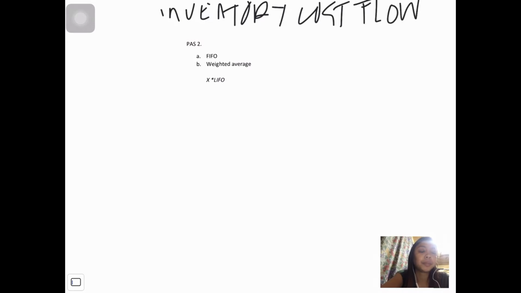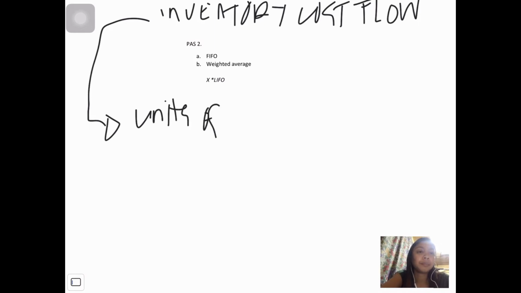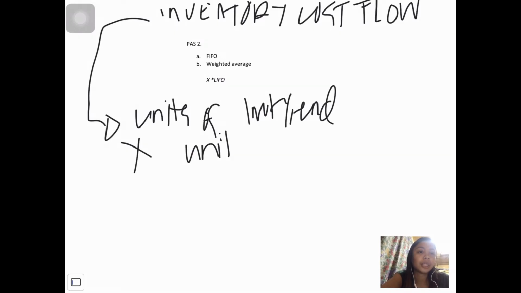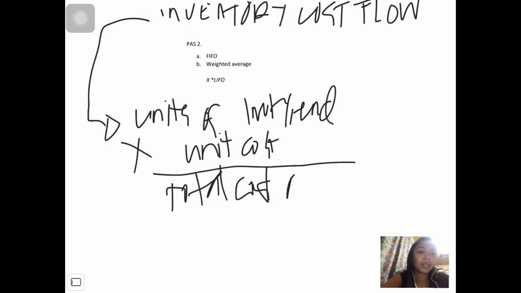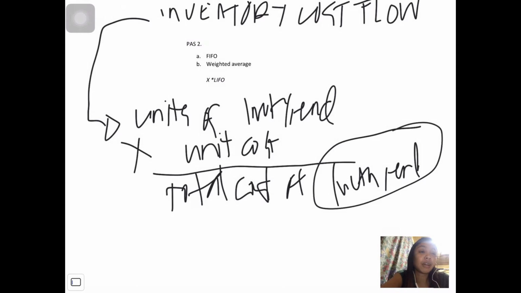And now, to get the cost of the inventory, it is simply units of inventory end multiplied by unit cost. That is our total cost of inventory end. And our inventory end is our current assets.